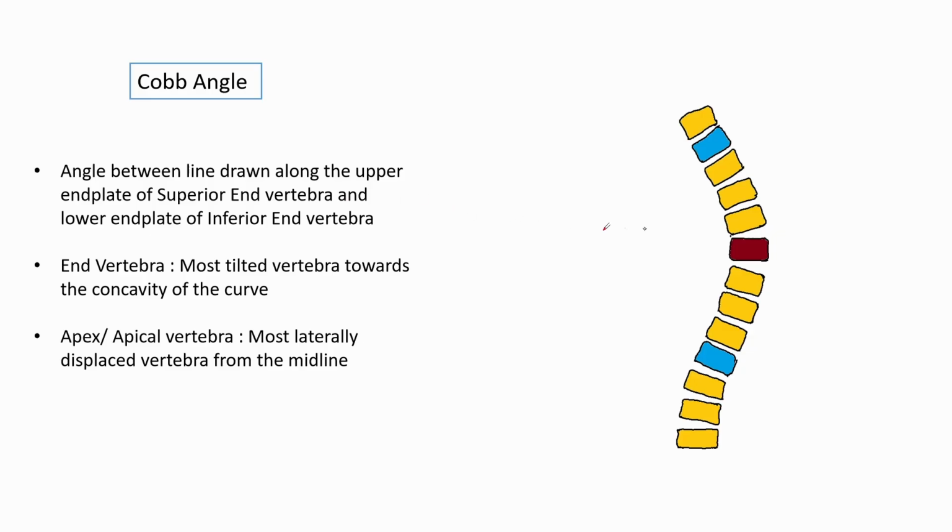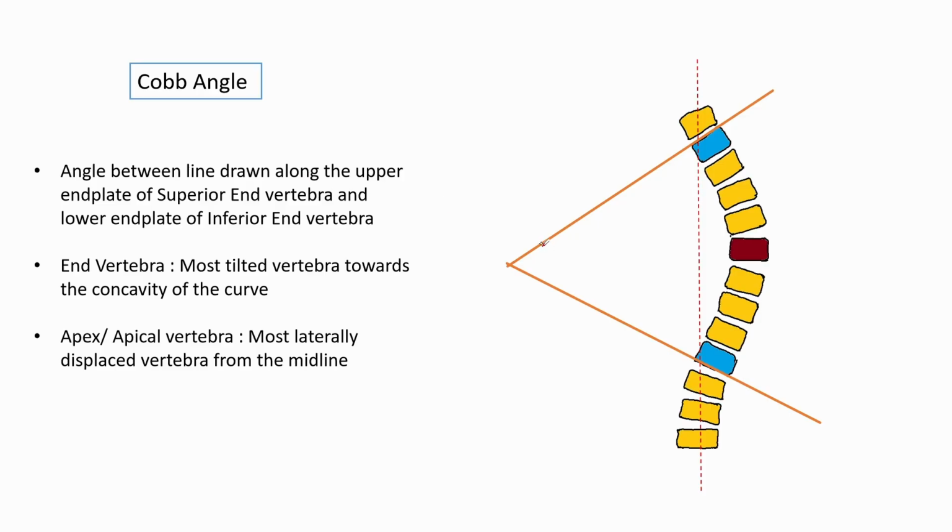It is the most laterally displaced vertebra from the midline. So if this is the midline, this vertebra is the most laterally displaced vertebra and this is known as the apical vertebra. Now to make the Cobb angle, we draw a line along the superior end plate of the superior end vertebra and along the inferior end plate of the inferior end vertebra.